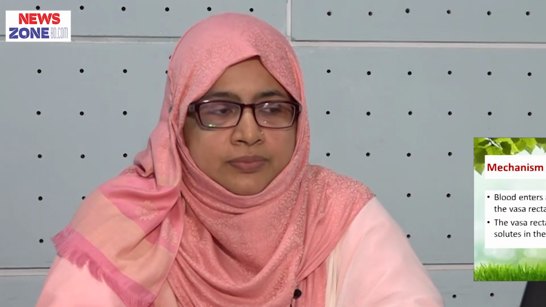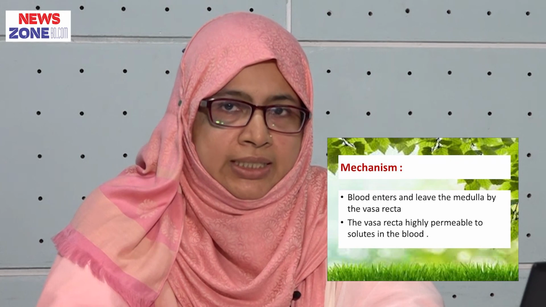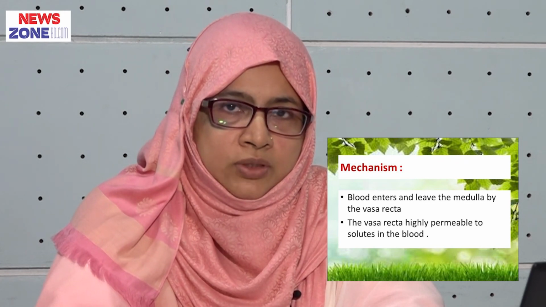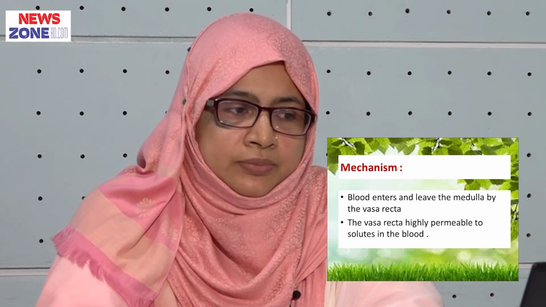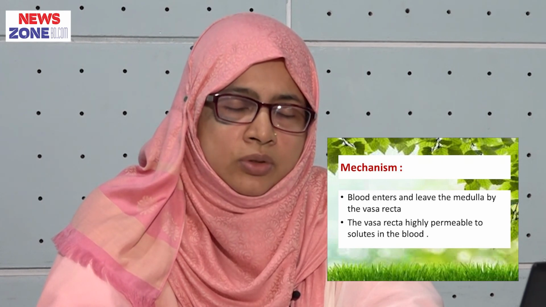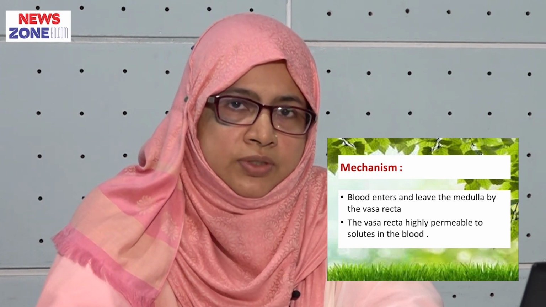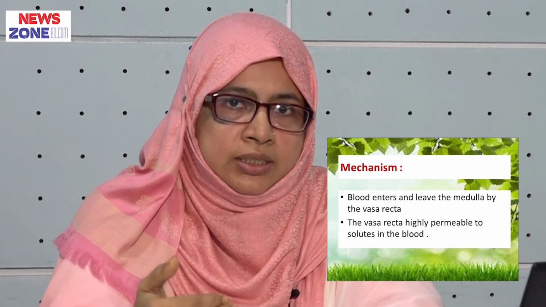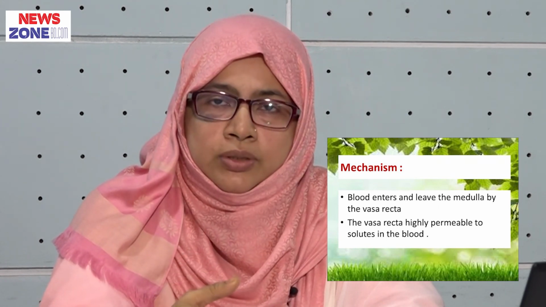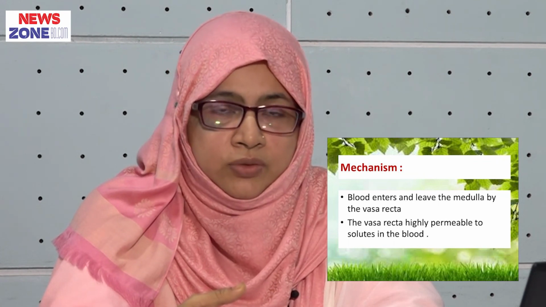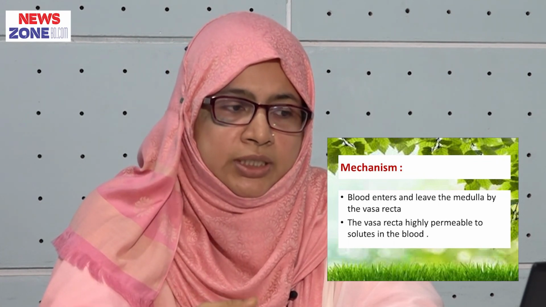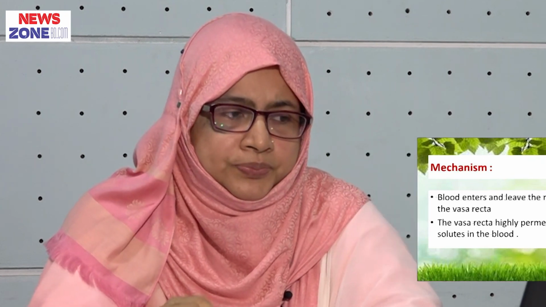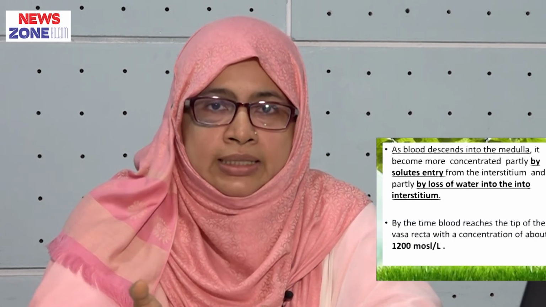Vasa recta has 2 limbs, descending and ascending. When blood comes through the descending limb, as you already know, the osmolarity increases from upwards to downwards in the interstitium: 600, 800, 1000 and 1200. These are the osmolarities. The descending limb blood is 300, but the osmolarity is high in the interstitium.